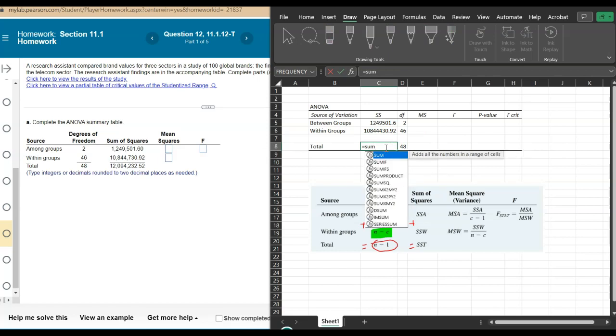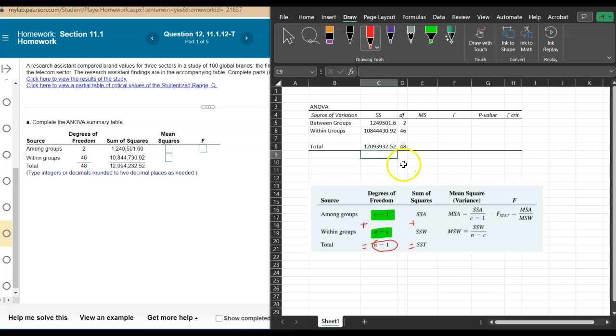The sum of these two numbers should give me the total, and you can confirm it here. The numbers should be the same. Probably I made a mistake somewhere. A typo: I only typed 4 and I'm missing a 7. Okay, so that's a confirmation.